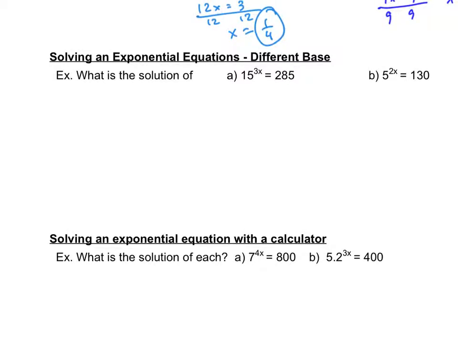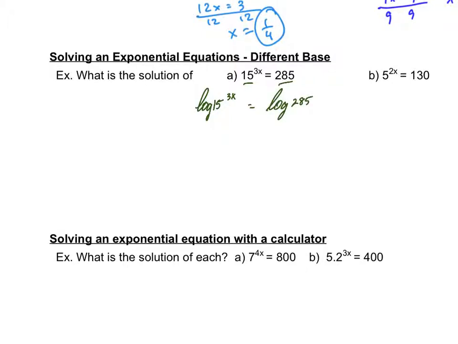Now, since I can't look at both 15 and 285 and determine any common base, I can go ahead and find the logarithm of both sides. Remember, what we do to one side we must do to the other. So the log of 15 to the 3x is going to be equal to the log of 285.